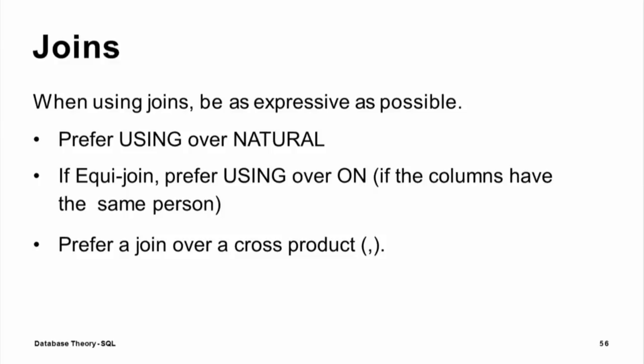And there might be some tricky things going on here, and I should also point out that you can have as many tables as you want in a join. You just keep on adding them, join after join after join. Just do it. I think that most people, including me, are preferring using over that natural construct.